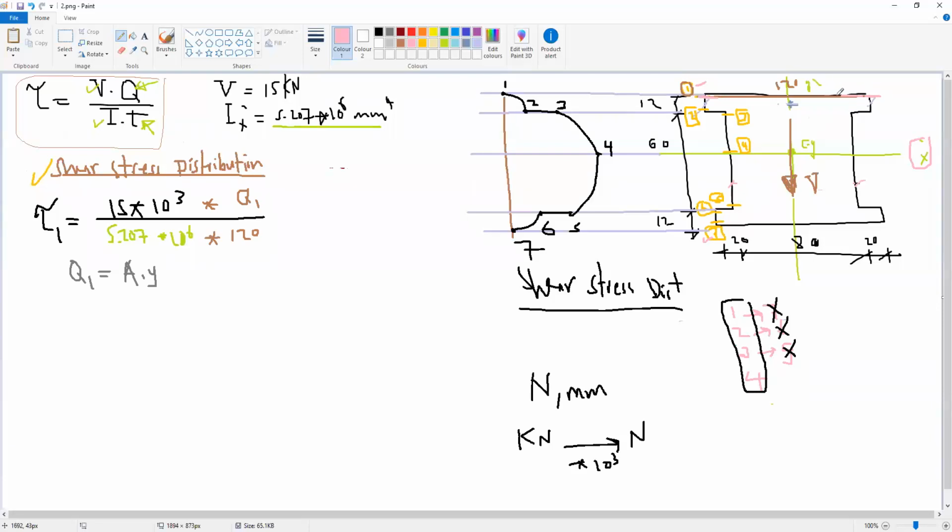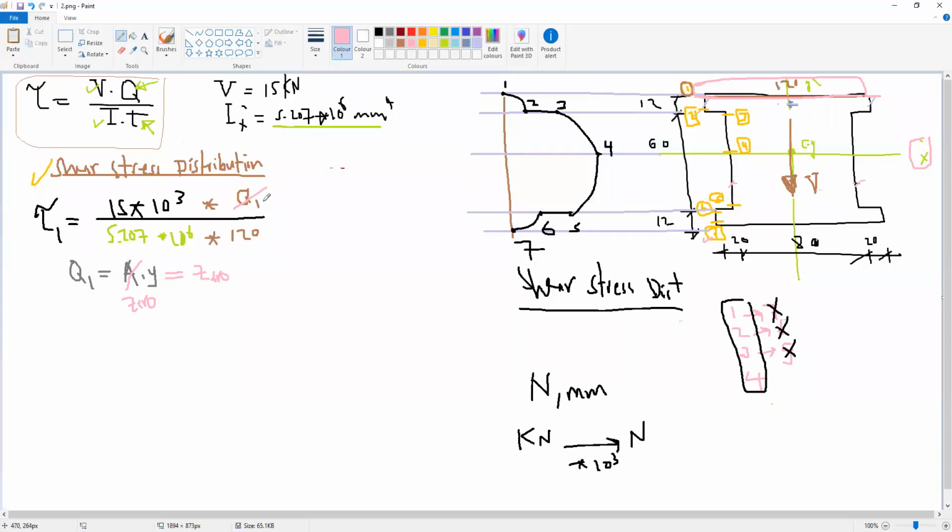If we make cut, so we have this is the area above 1 and the whole section is below 1. So what is the area at 1? It's better we can use the area above or below the cut. So the area above the cut is 0 because this is the beginning of the section, so no area before it. So Q1 is equal to 0.